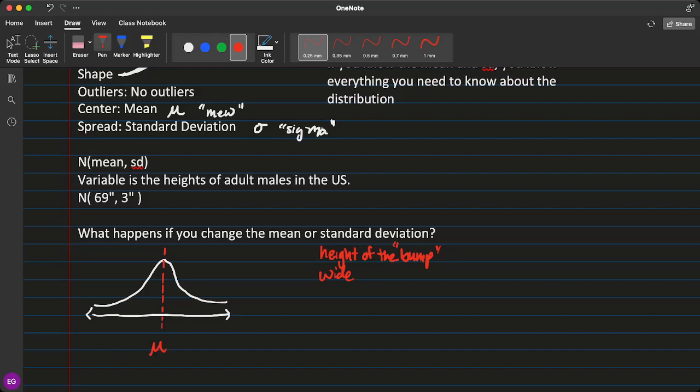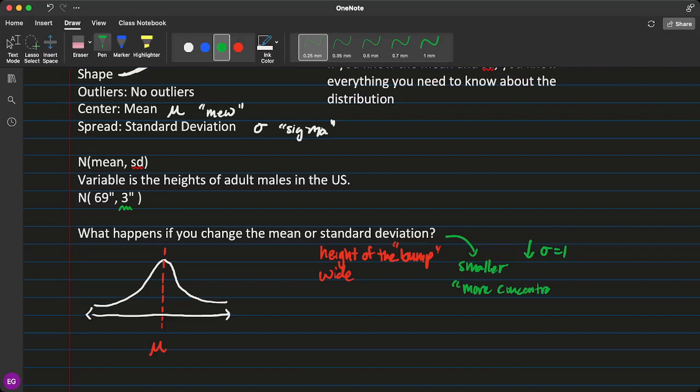So let's say that you make the standard deviation smaller, a smaller number. Do you see how, for instance, the standard deviation is 3 here? Let's say that you decreased the standard deviation to 1. Because that means that it's less spread out, the probability density curve will be more concentrated.